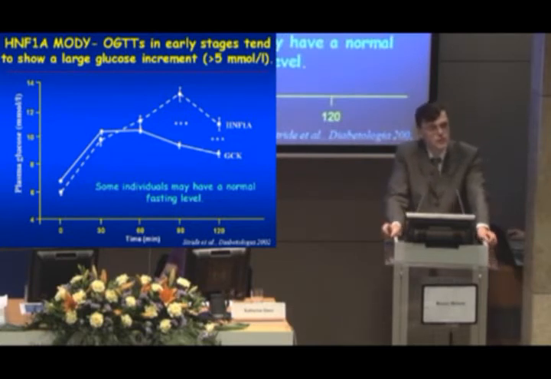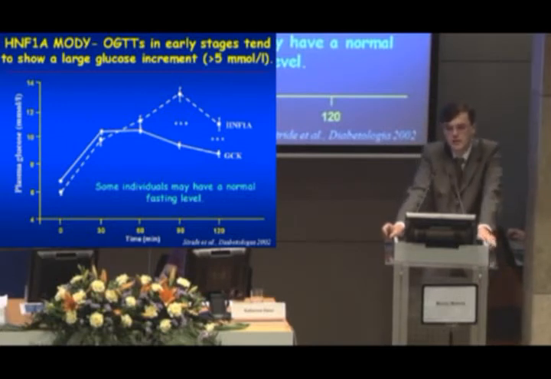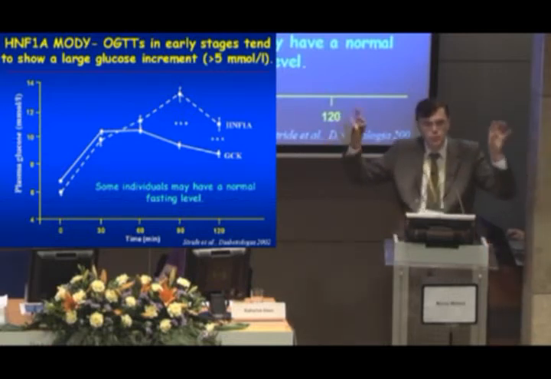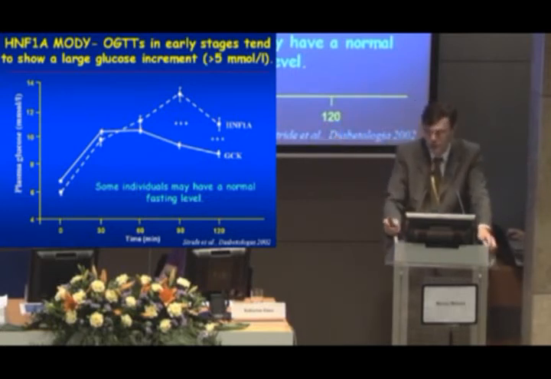20s and 30s. And you need to realize that such a simple clinical test as OGTT may be extremely helpful to make the initial differential diagnosis between GCK MODY and HNF1 alpha MODY.